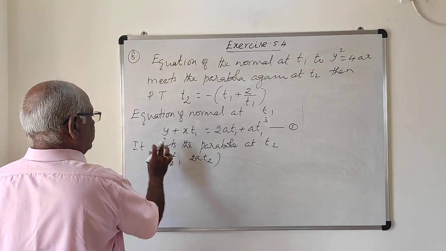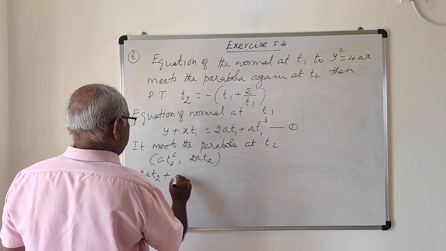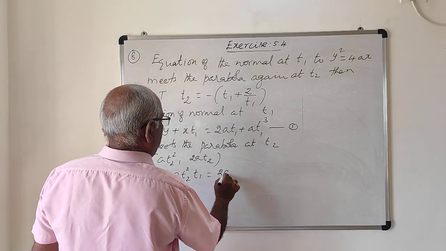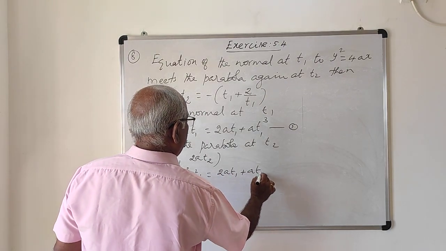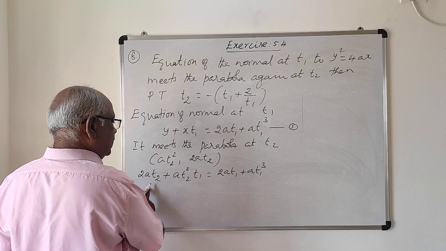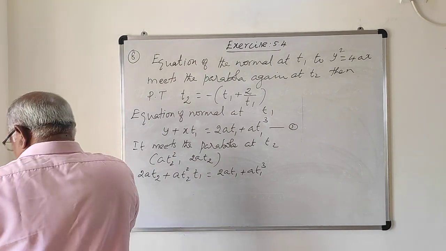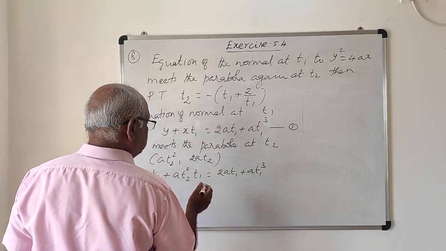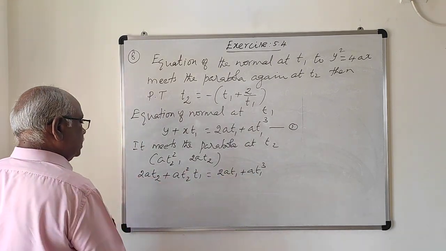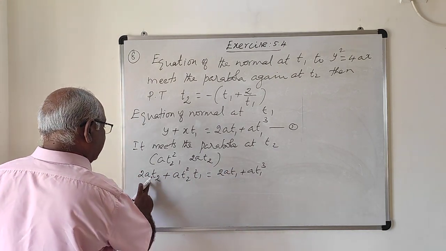In the normal equation, y equal to 2a t2 plus x, which is a t2 square, into t1, equal to 2a t1 plus a t1 cube. So you can cancel a on both sides.